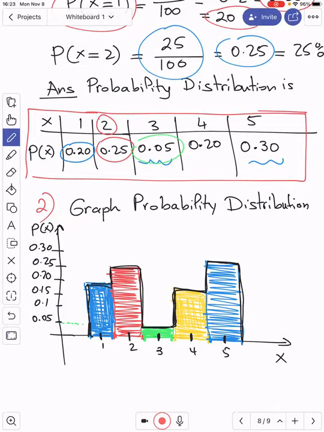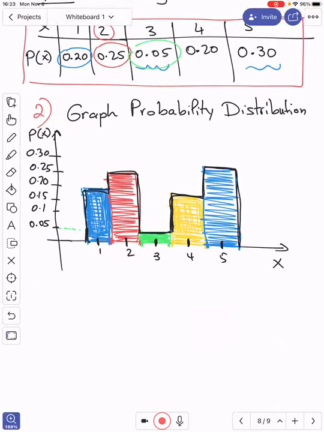Okay. So what we need to observe here, guys, is that the area, as I explained last time, the area under this graph is actually equal to 1.